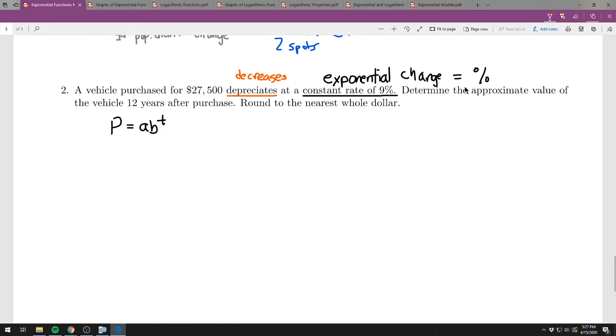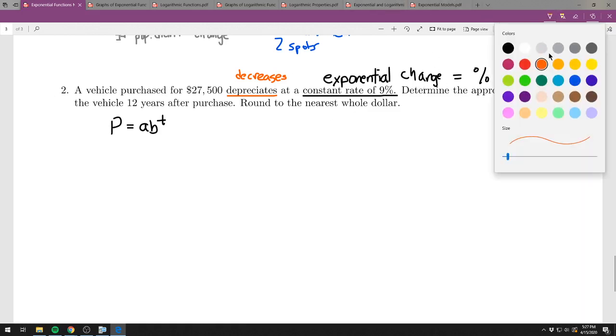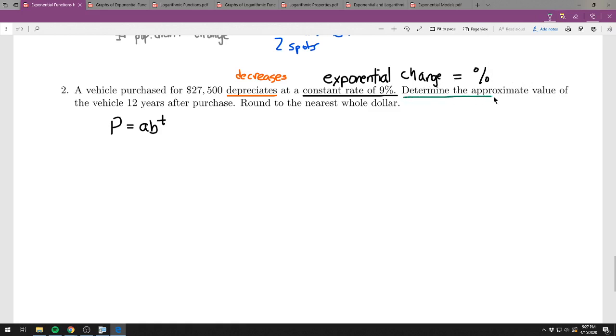The question is to determine the approximate value. So this is where you can use decimals. Approximate means use decimals. And you're told how far to round. And we want to round to the nearest whole dollar.